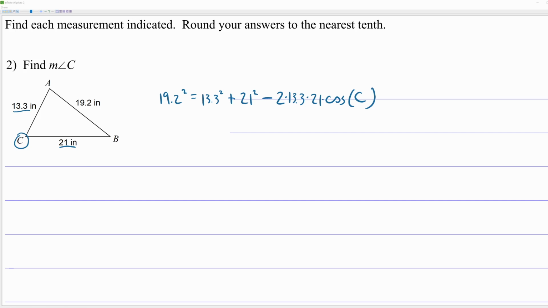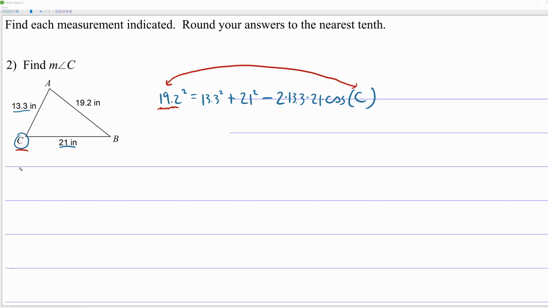Now, you might be asking yourself, and this is really the important part, how am I supposed to remember this? Well, in the law of cosines, the side that's alone on the left-hand side, well, I'll draw the same red arrow. That's the side that's across from the angle that's in the law of cosines.